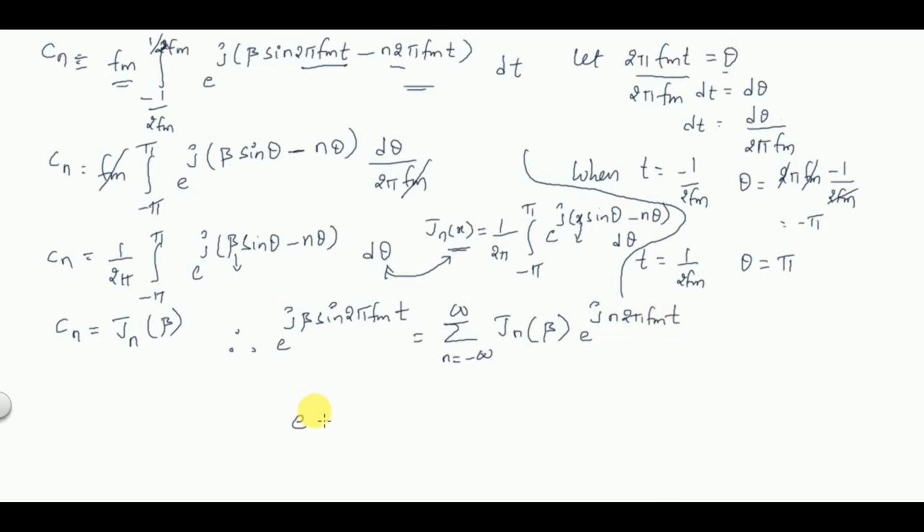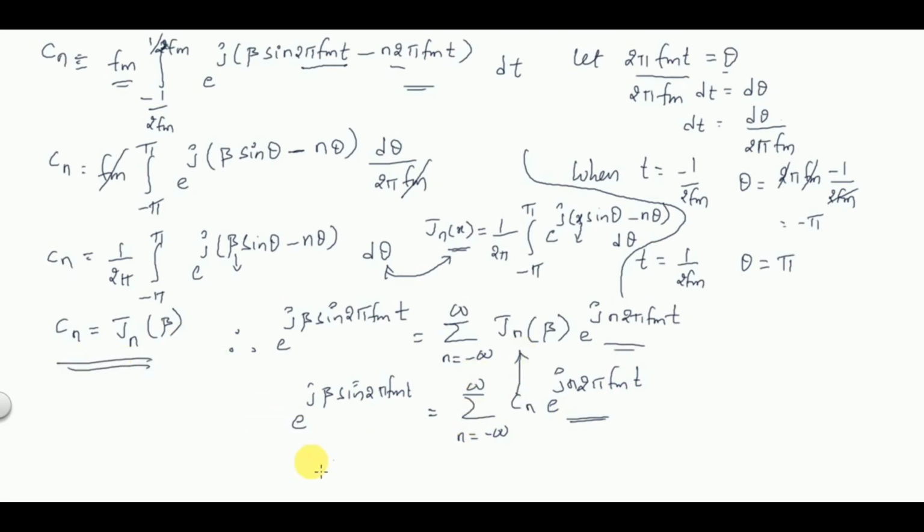Yes or no? So what have we written for e power j beta sine 2 pi fm t? From the Fourier series, summation n equal to minus infinity to infinity Cn into e power j n omega naught t, where omega naught is 2 pi fm. In the place of Cn I have substituted Jn of beta, because we have obtained Cn equal to Jn of beta.